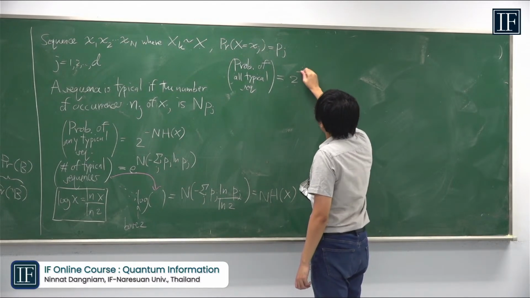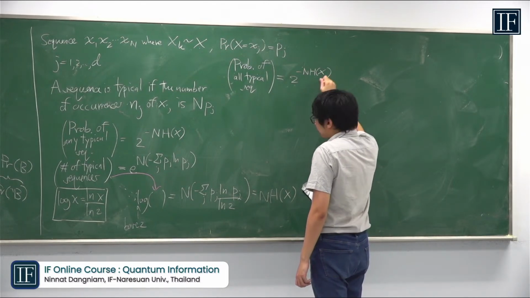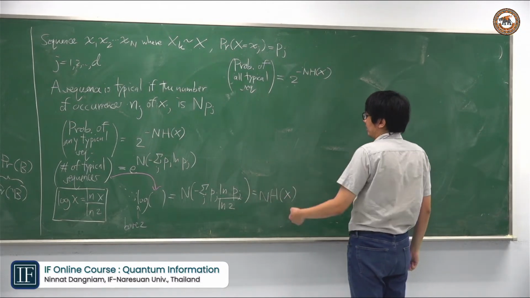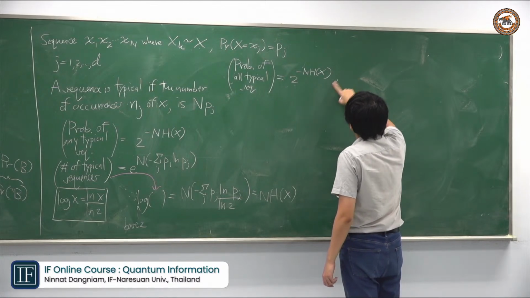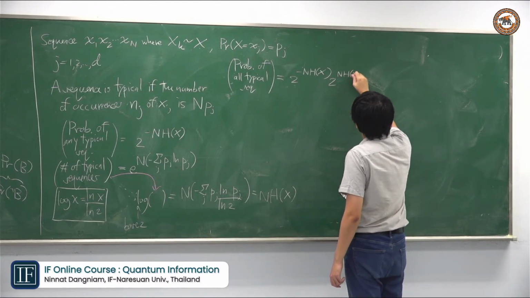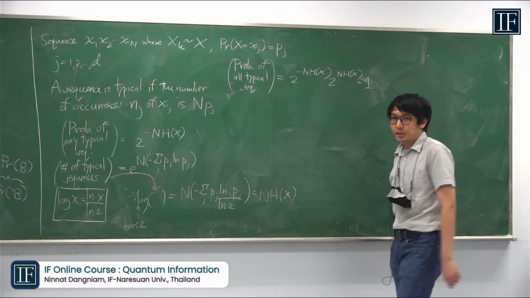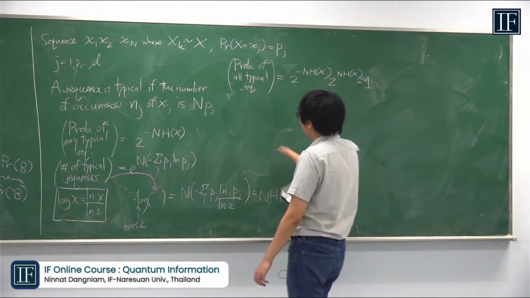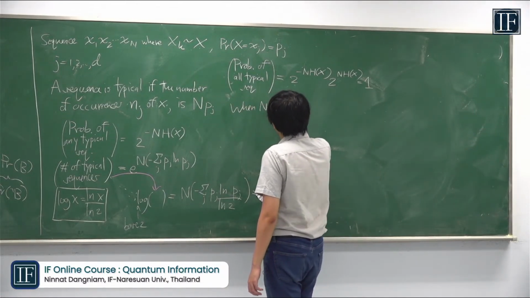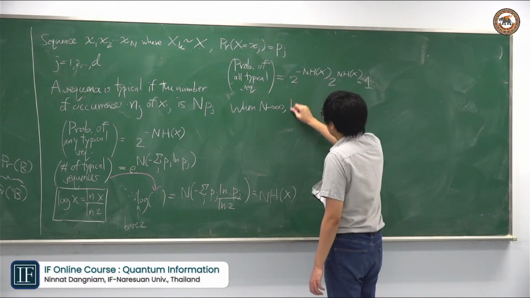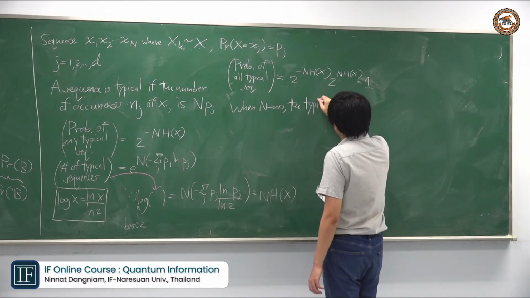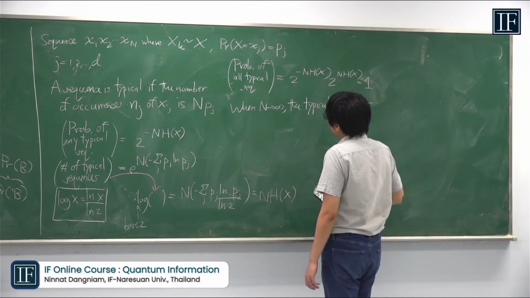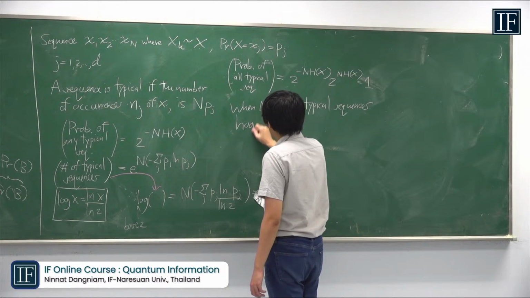So the number here is just 2 to this power. Sorry. This is 1. So in the large n limit, when n goes to infinity, the typical sequences take all the probability.